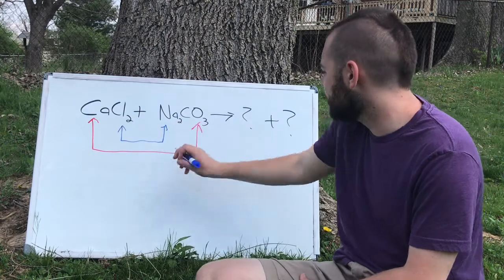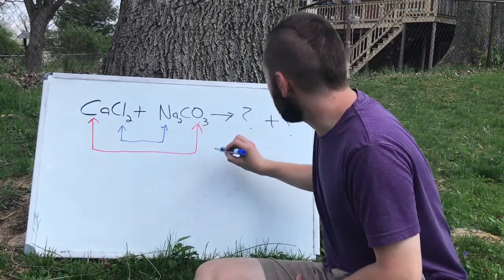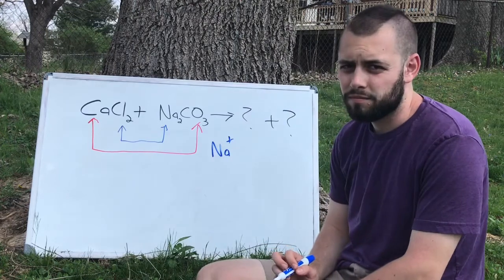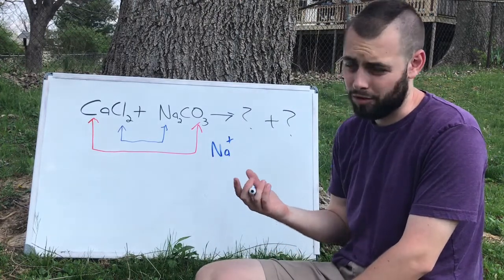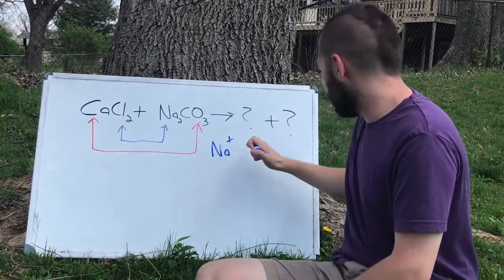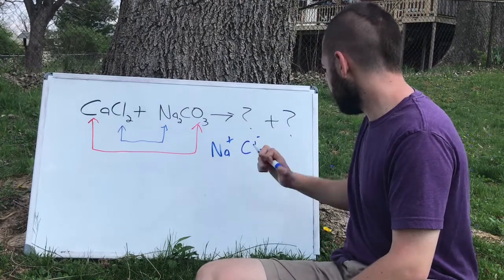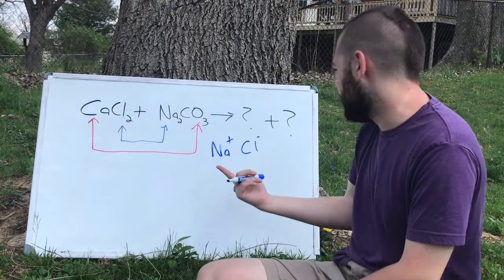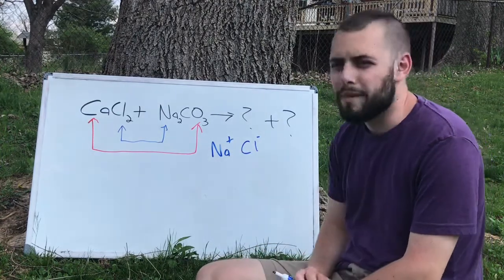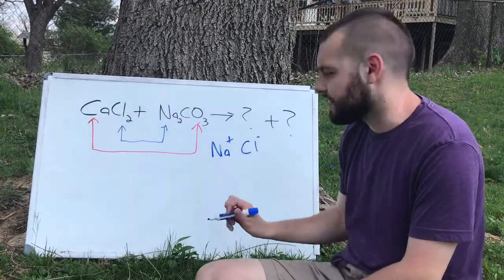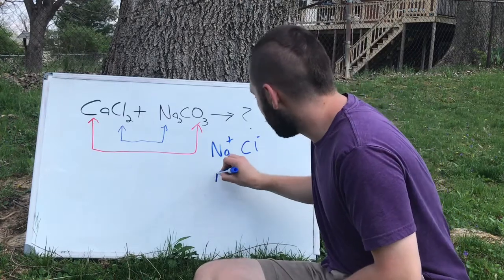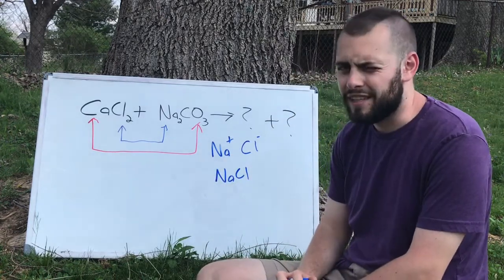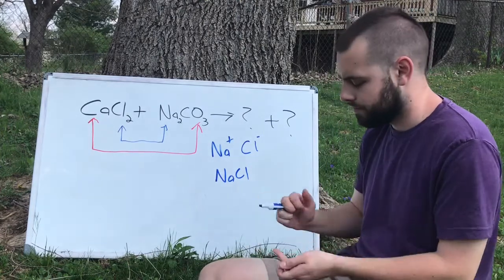For sodium, it's going to be a +1. That's on the front side of your periodic table. For chlorine, it's going to be a -1, also on the front side of the periodic table. A +1 and a -1, these already cancel out. So my compound is just NaCl, sodium chloride.